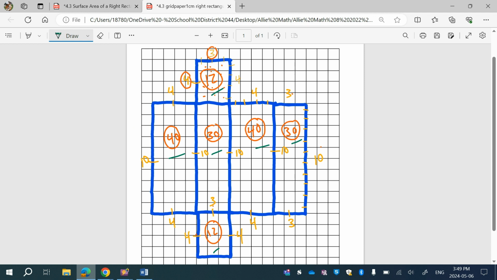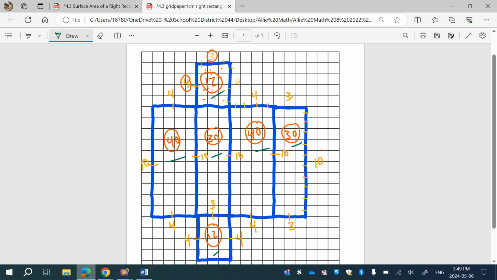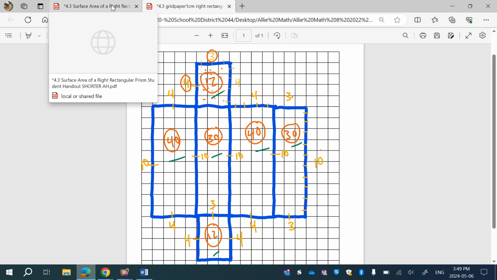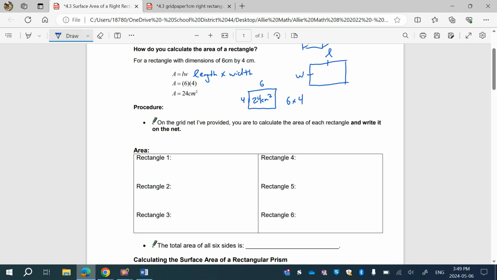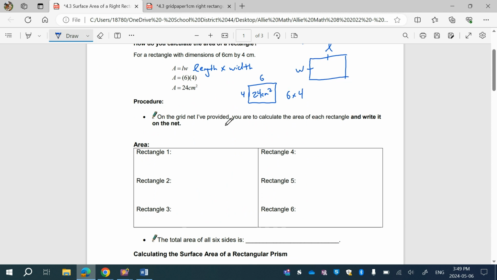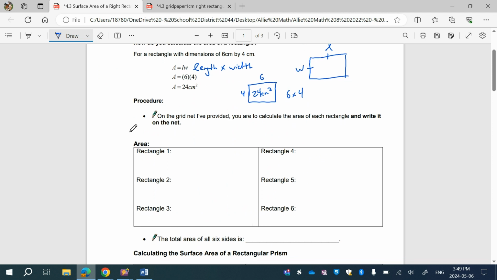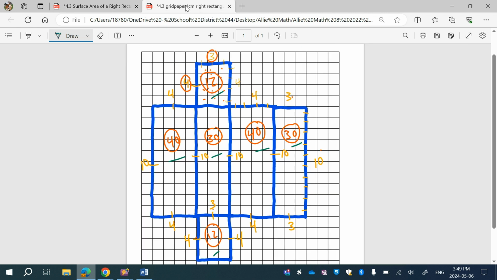Okay, maybe I'll give you a second to write that down, and I can go back to our notes. So here we go. On the grid I provided, so we did that, write it on each net. Let's look at our rectangles. I listed them 1, 2, 3, 4, 5, 6. I don't know which one is 1, 2, 3, and 4, 5, 6.